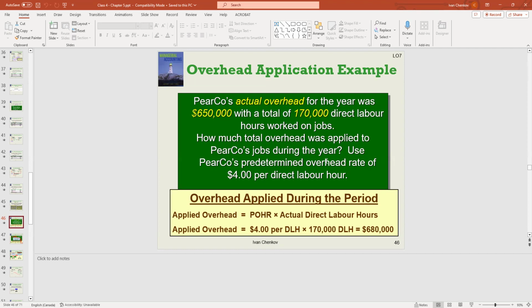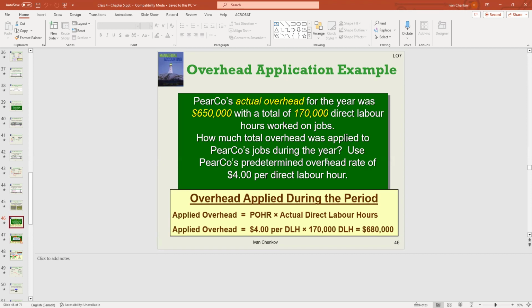I don't think so. I think it's underapplied. So let's think about it. Again, the actual cost for the period was $650,000, correct? They're applying overhead using the direct labor time predetermined overhead rate, which is $4. The direct labor for the period is 170,000 times $4.